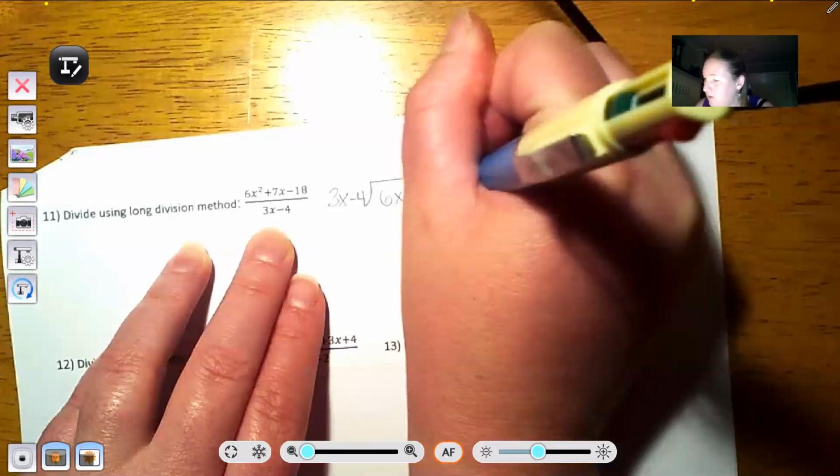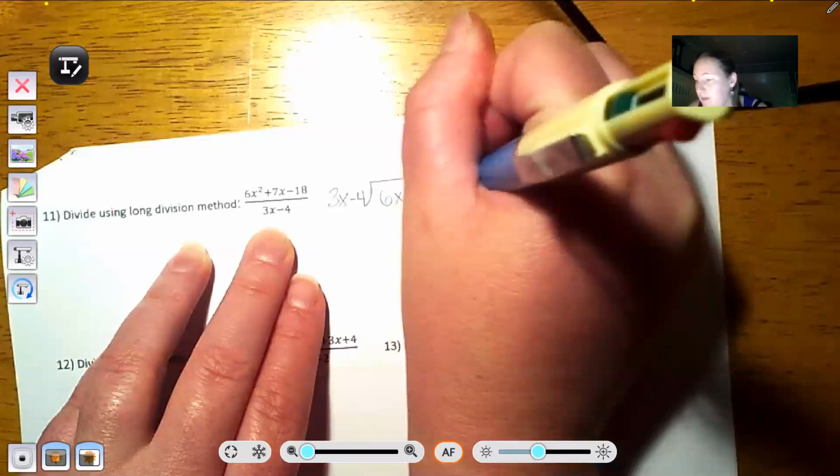Okay, now 3x goes into 15x how many times? Well, we need 3x times 5 to give us 15. But we'll also have to do the 5 times negative 4. Now we'll subtract that quantity, or add the opposite. Now we have that going away.